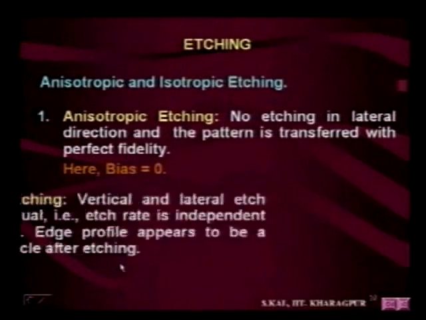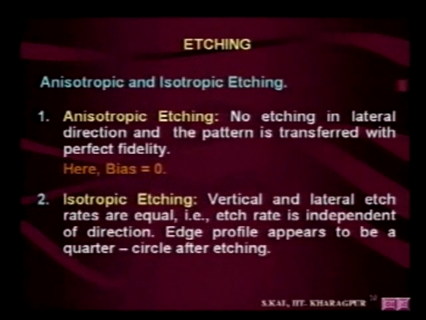Another thing I will discuss here is isotropic and anisotropic etching. Etching may be of two different types, known as isotropic and anisotropic etching. In anisotropic etching, the etch rate in the lateral direction is different from the etch rate in the vertical direction.